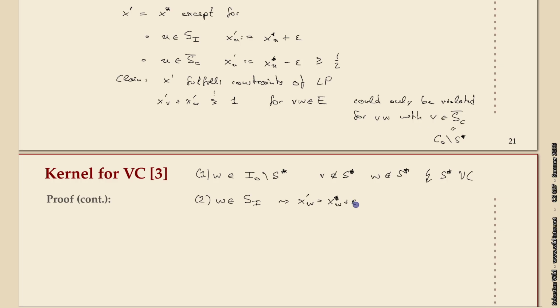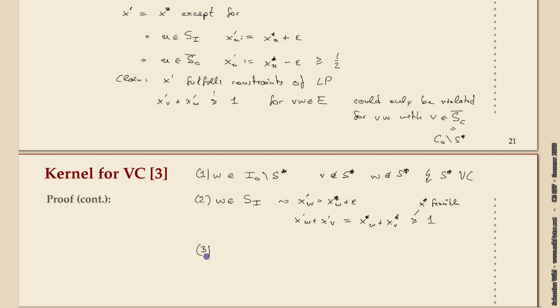And so if you sum up the two, you satisfy the constraint. It's just the same as the old. They have a plus epsilon and a minus epsilon. And that was greater equal 1 because it was an optimal solution. Okay.